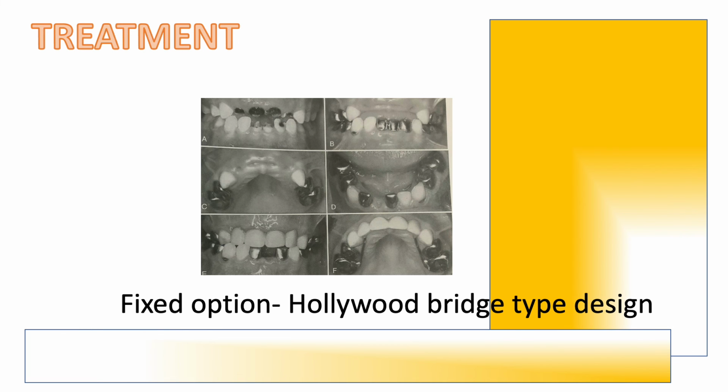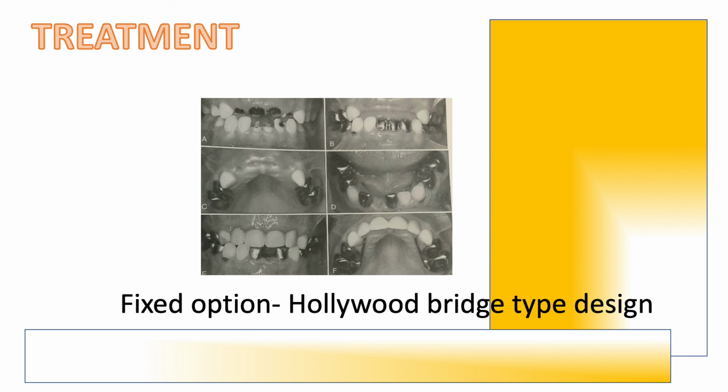Then, if we go by the fixed option, once it's put, it's easy. The child can easily go about it. But the child needs to be really particular about the cleaning part, and for that, the parents have to be very meticulous in cleaning the child's mouth. In this option, you have crowns, those steel caps that you can see, and to those steel caps we have a very thick wire that is soldered onto them.